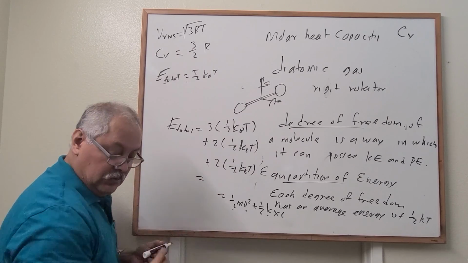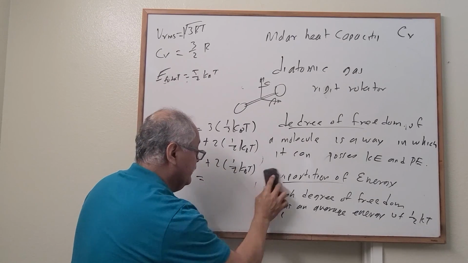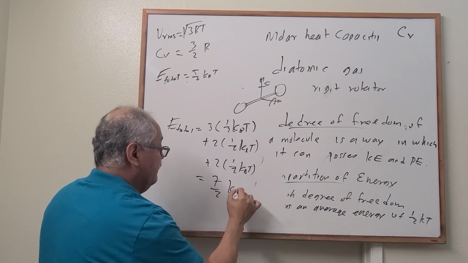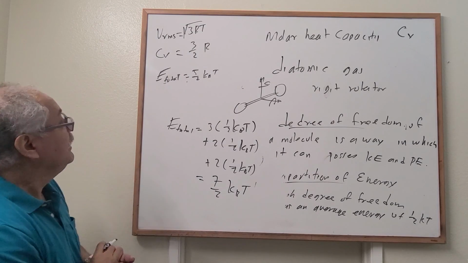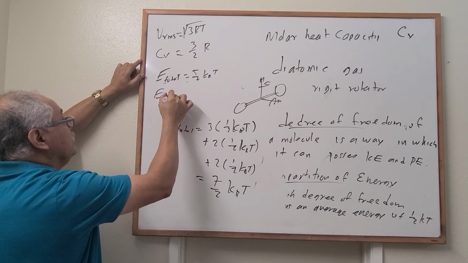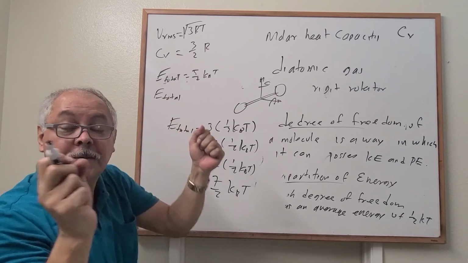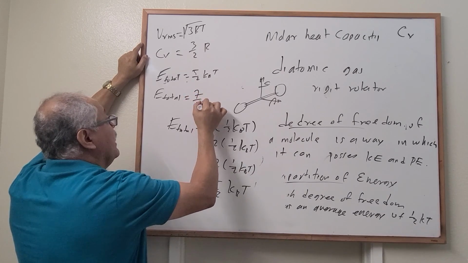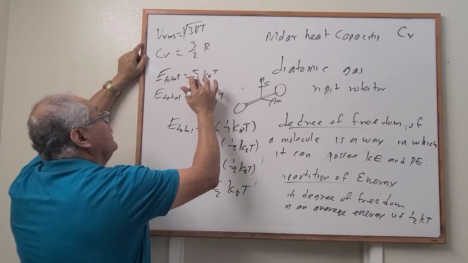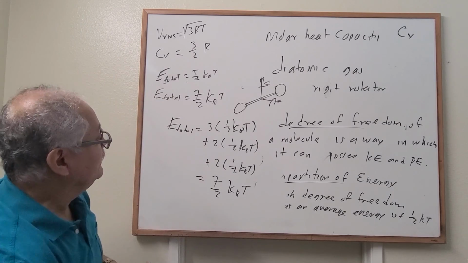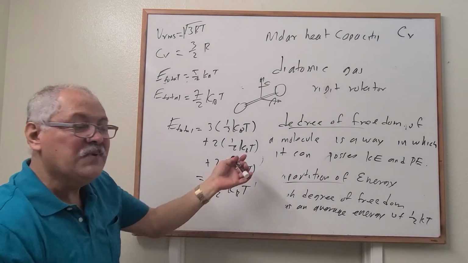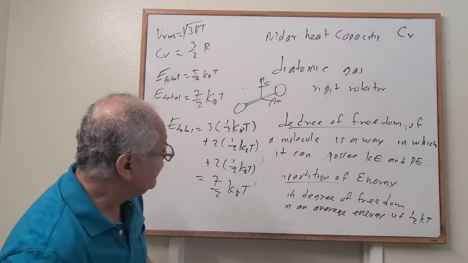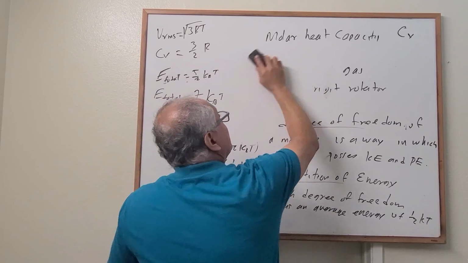Perfect. What is the total? The total is going to be 7/2 kT. Correct. So now we involve vibrational energy, and it's going to be 7/2 kT. This is 5/2, and so on. Got it? This result is found in the experiment, and this is more or less the behavior in the experiment.